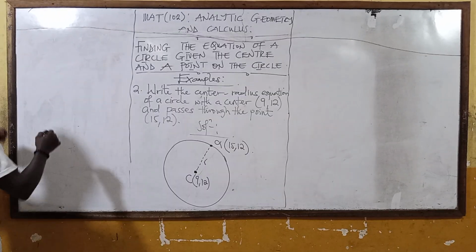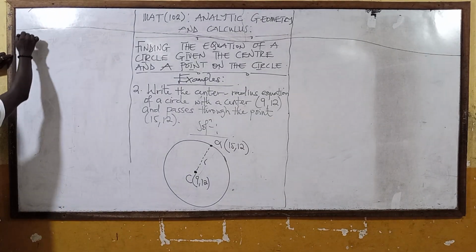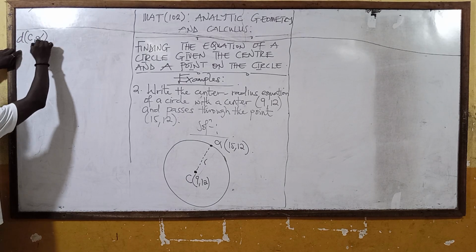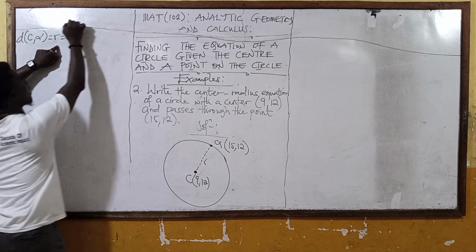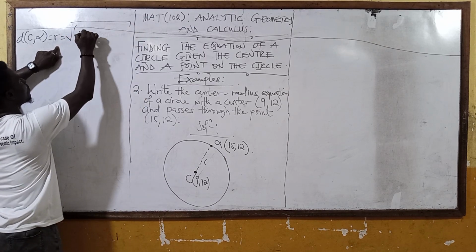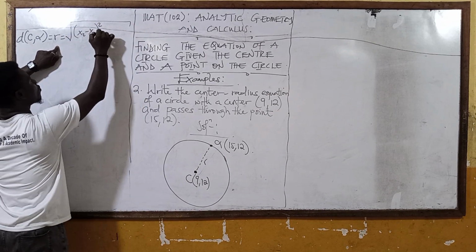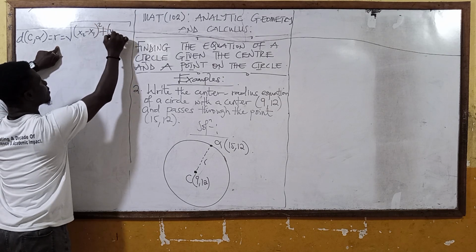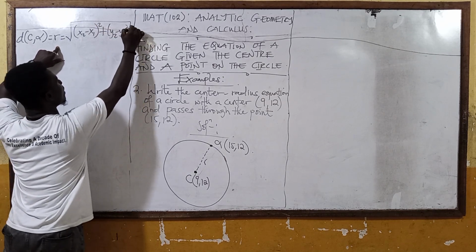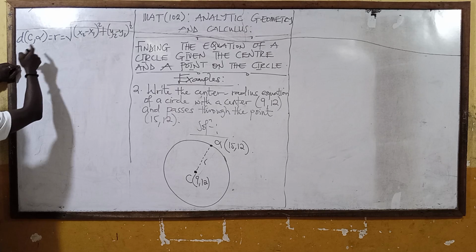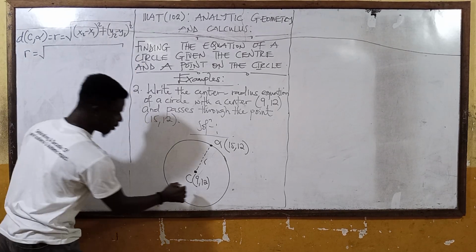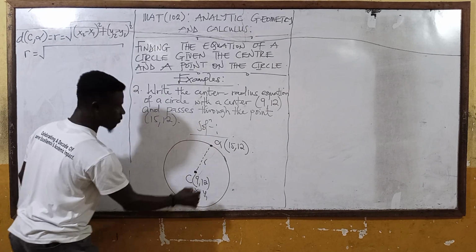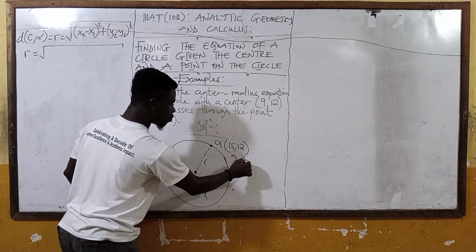So now we can find the distance of C alpha, which is the same thing as the radius, and our formula is the square root of x2 minus x1 all squared plus y2 minus y1 all squared, which is the same thing as the radius. I can denote this one as my x1, y1, x2, y2.